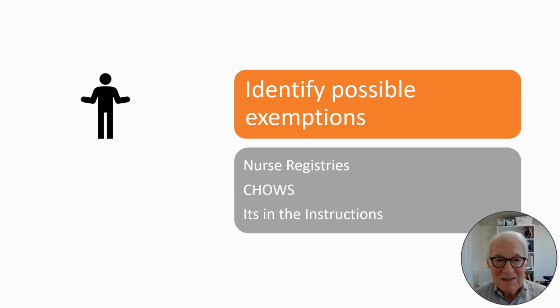Therefore, it's not required, and this is the practice. So if you're a nurse registry applicant, you don't have to worry about this. For CHOWs, that's a change in ownership, these instructions specifically apply to initial applicants only. By keeping these considerations in mind, you can better navigate the nuances of this process.